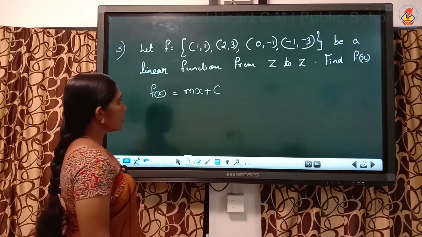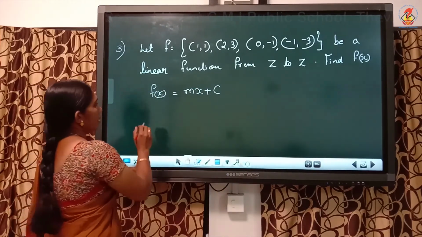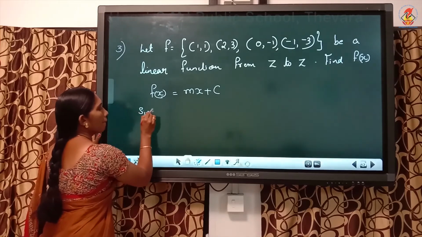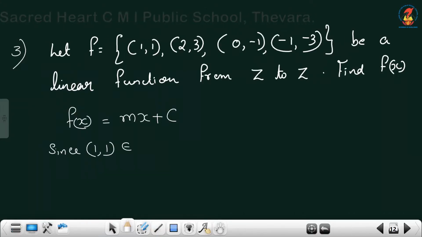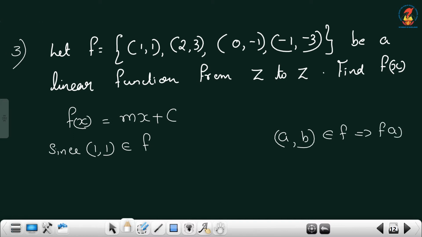Okay, so I can write, since (1, 1) belongs to f. The f is given like this, a set of ordered pairs. So this (1, 1) belongs to f. You remember, (a, b) belongs to f means I can write f of a is equal to b, isn't it? Then b is known as the image of a under f, or a is known as the pre-image of b under f.